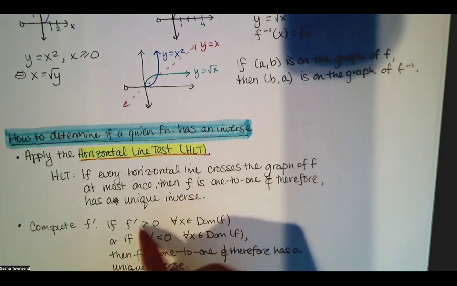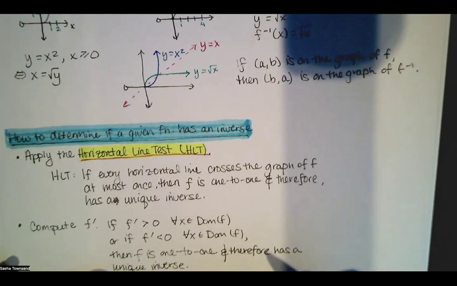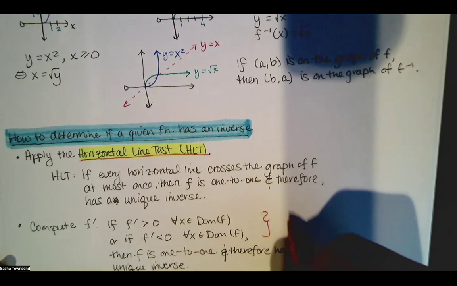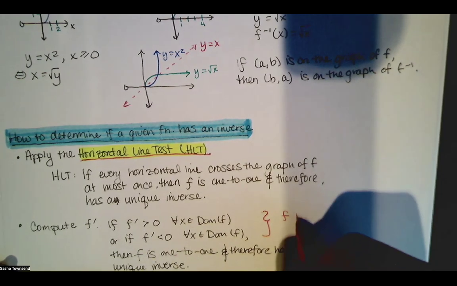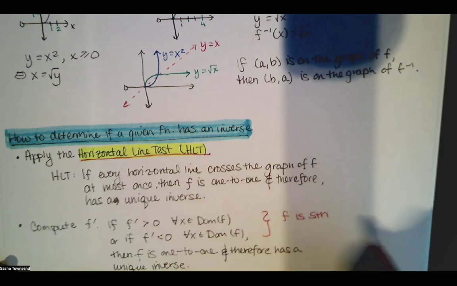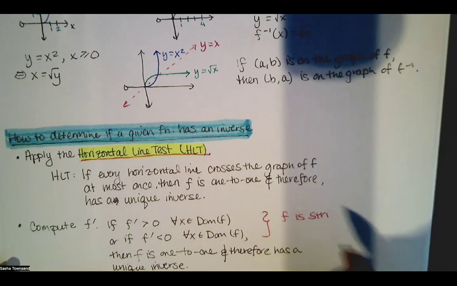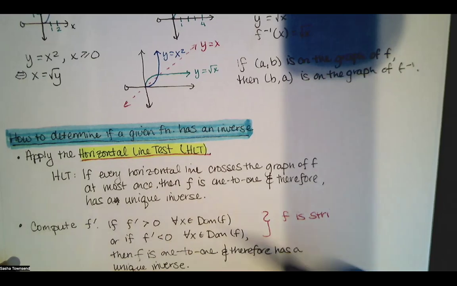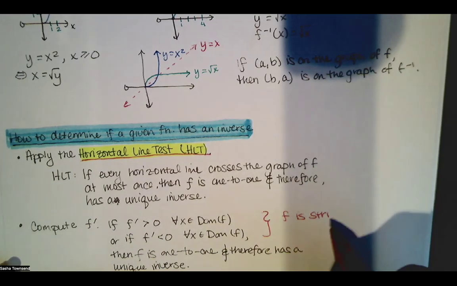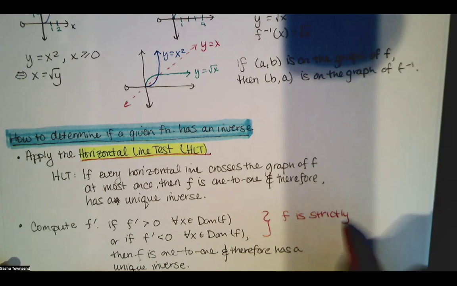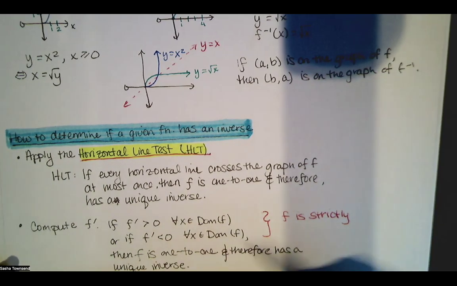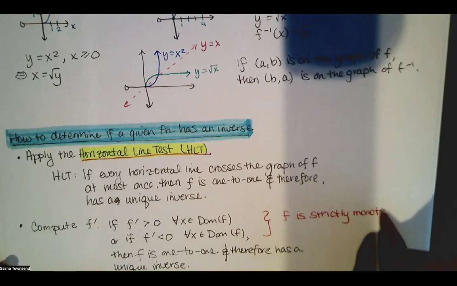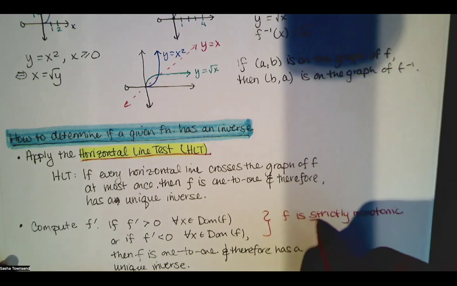Now, if we're in one of these cases, we say that f is strictly monotonic. That just means the function is either increasing the entire time or decreasing the entire time. It's increasing the entire time if f prime is positive for all x in the domain. It's decreasing the entire time if f prime is negative for all x in the domain. That just corresponds to this terminology.